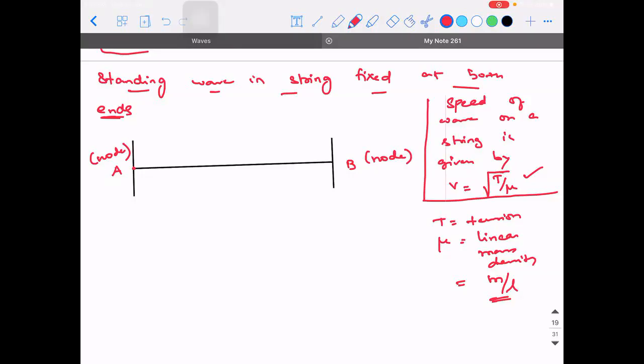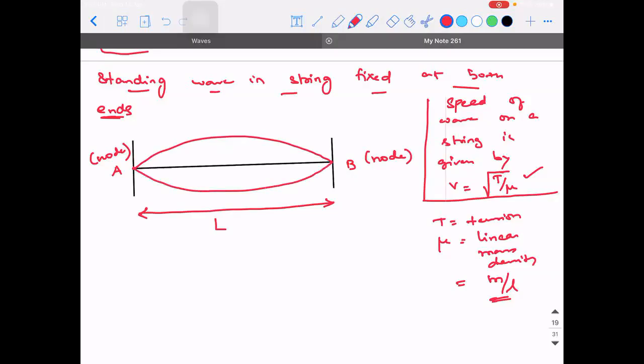Okay. If suppose the length of the string is in such a way that I plugged it, and the number of standing waves that I could observe here is only one. Okay.